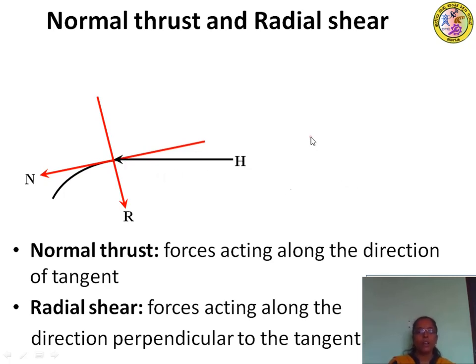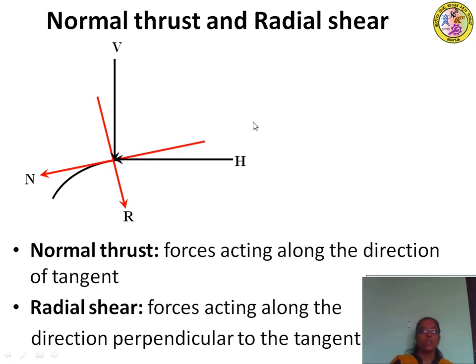Let V be the net vertical force. That is the algebraic sum of the reactive components in the vertical direction and the forces acting in the vertical direction. Let us assume V is the net vertical force acting in the downward direction.